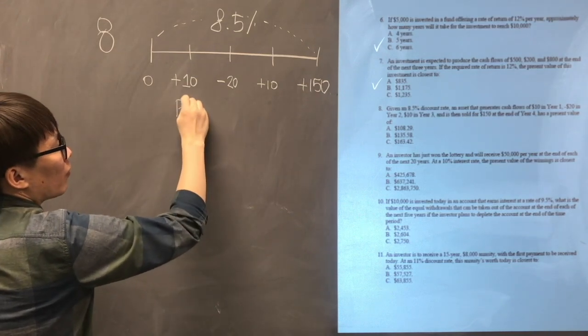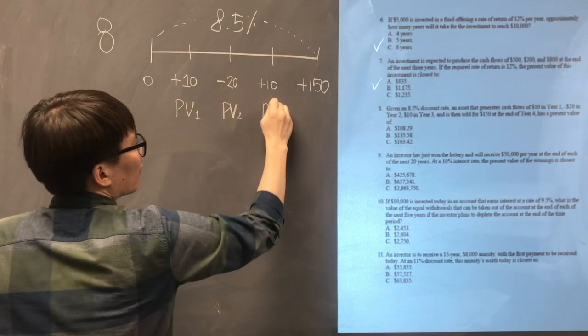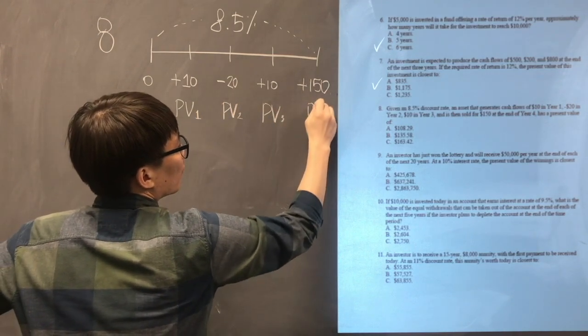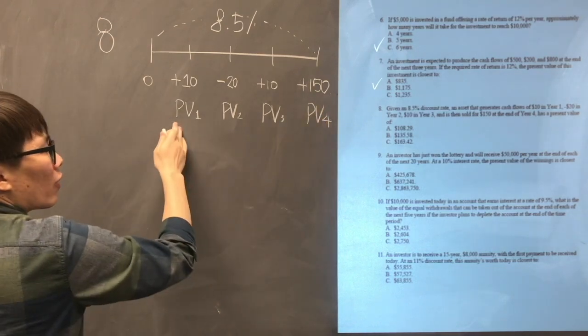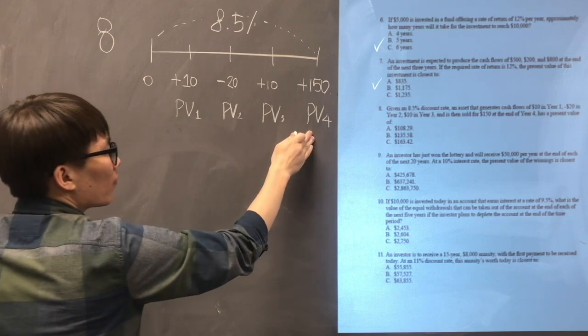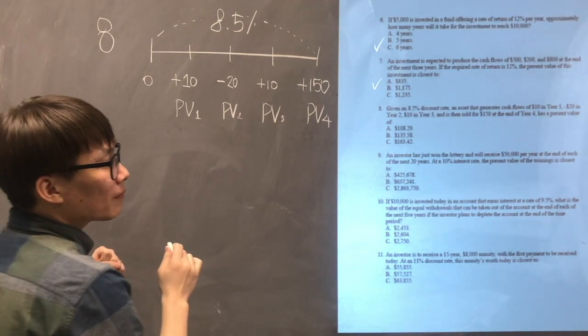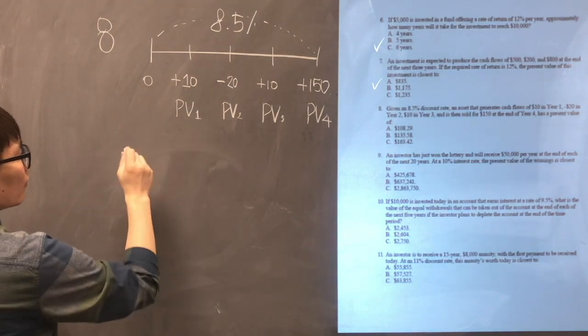This will be PV1, PV2, PV3, PV4. Calculate each present value. The sum of these 4 gives you the present value of this investment, right? So how to do that?